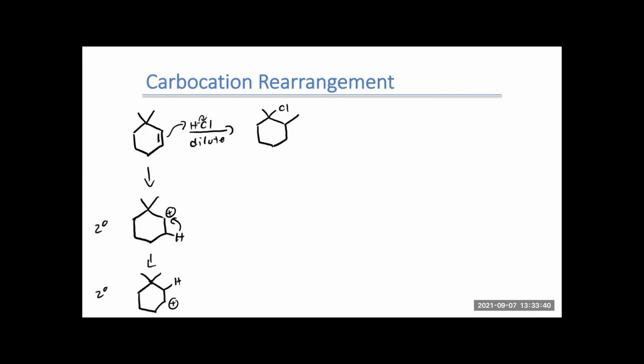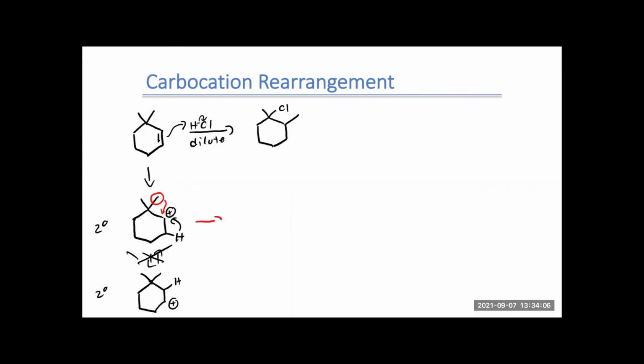So that doesn't really happen. So probably not. But what if I take a methyl group and move it over? And I do that because there's no hydrogens here. So if we wait long enough, a methyl group would actually shift over with its electrons.